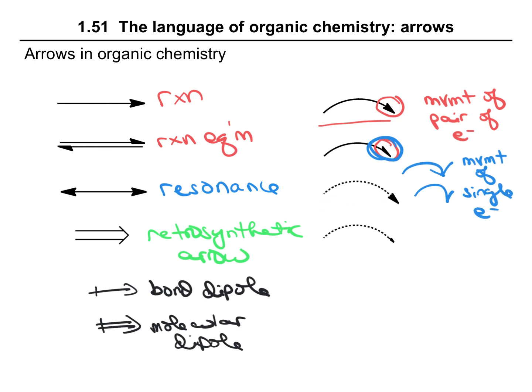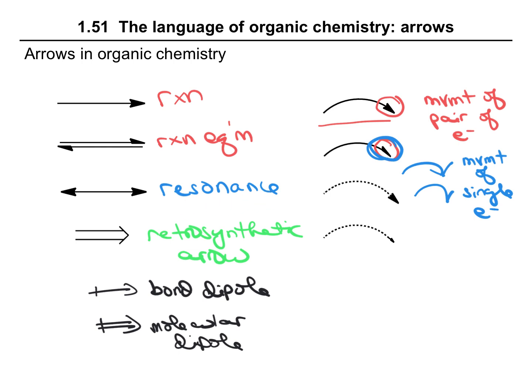Now the next pair of arrows, this is a double barbed with a dash line, which would be similar to this one. And this is a single barbed with a dash line, which is related to this one. And these are ones that I like to use as we are drawing different resonance structures.